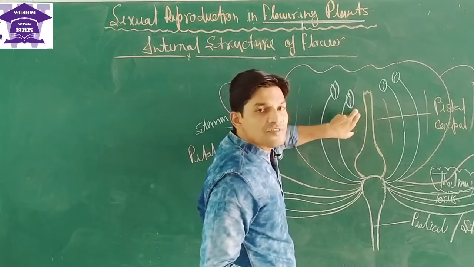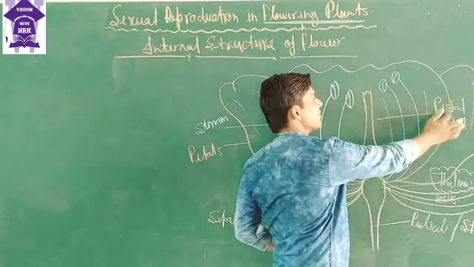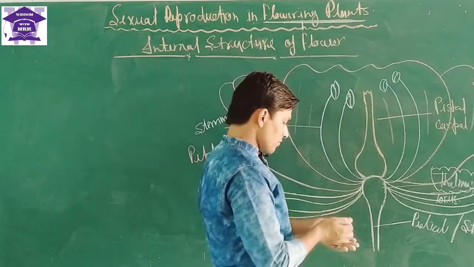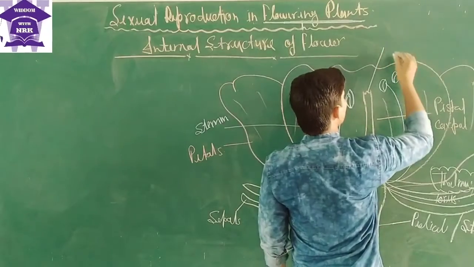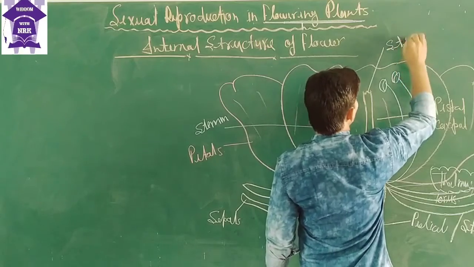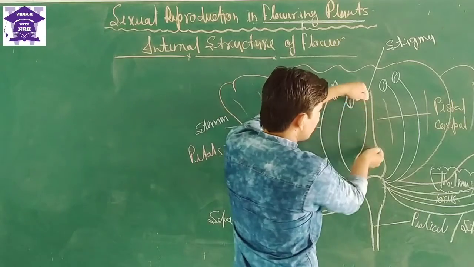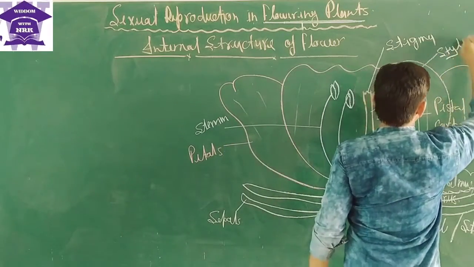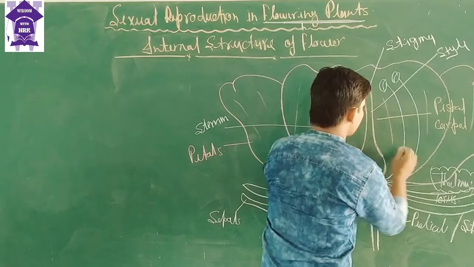And also this is the pistil, the main female reproductive organ, and this pistil is divided into three main parts. First, the upper part is known as the stigma. The cylindrical part is known as the style, and the swollen part of the pistil is known as the ovary.